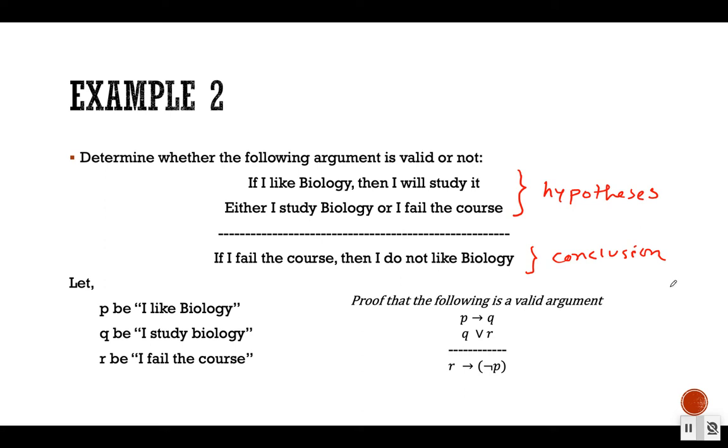If I fail the course, then I do not like biology. Does that mean anything? Someone is telling you that if I like biology, I will study it. Either I study biology or I fail the course. These are hypotheses. Now someone is telling you, if I fail the course, that means I do not like biology. Just looking at the statement, you may think, does that make sense?